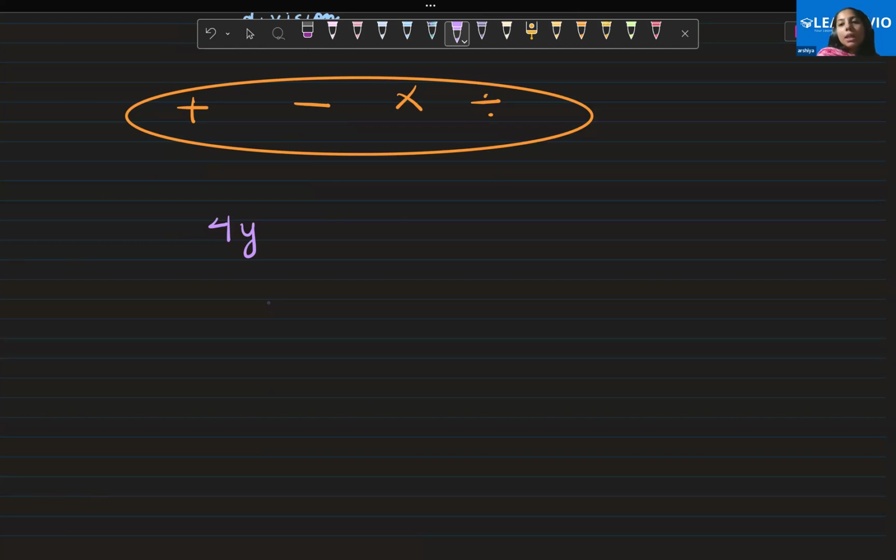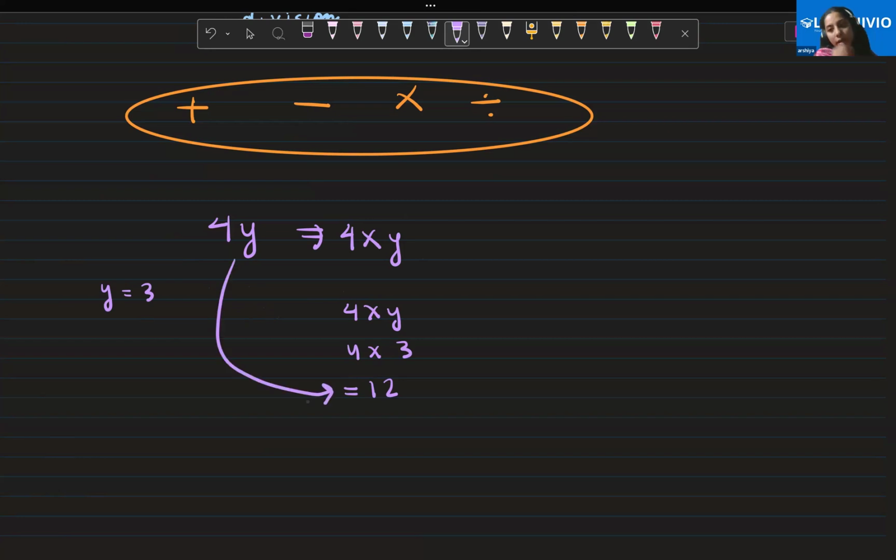What that means is that this is multiplication. So it's 4 multiplied by y. Let's say the value of y is 3. Then the value of 4y will be 4 into 3. 4 threes are 12.